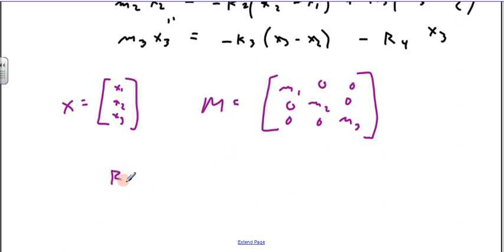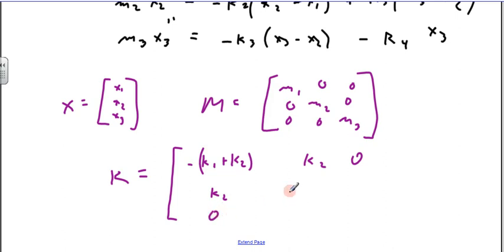And my K could be written as minus (K1 plus K2), K2, 0; K2, minus (K2 plus K3), K3; 0, K3, minus (K3 plus K4).